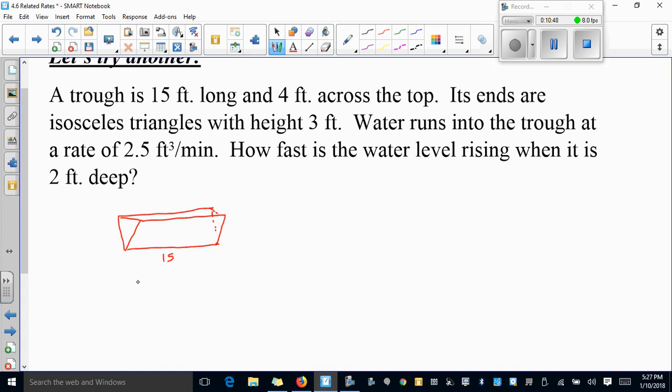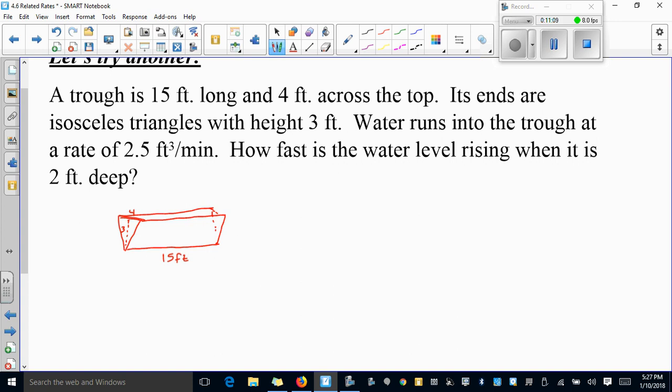This is a triangular prism, so if you're wondering how I know it's a triangular prism, the ends are exactly the same. If they moved it up, the top and bottom would have to be the same. That's how you know it's a prism. A box is a rectangular prism. The top and bottom are exactly the same.